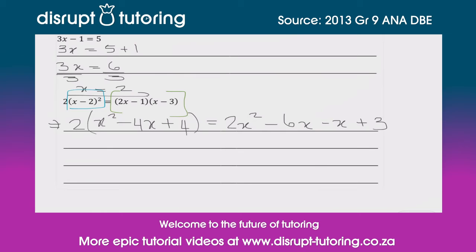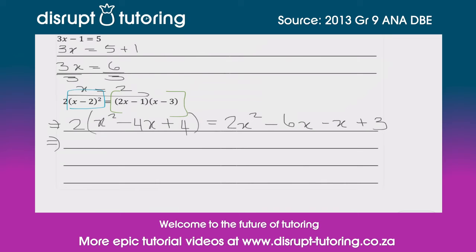Nice and simple. Last thing we need to do is get rid of that one last bracket by using our distributive law and timesing that into each of the terms inside the brackets. The reason I use this little sign, you don't have to use it, but essentially it means therefore. You can also use 3 triangular dots on top of each other, but you don't necessarily have to use it.